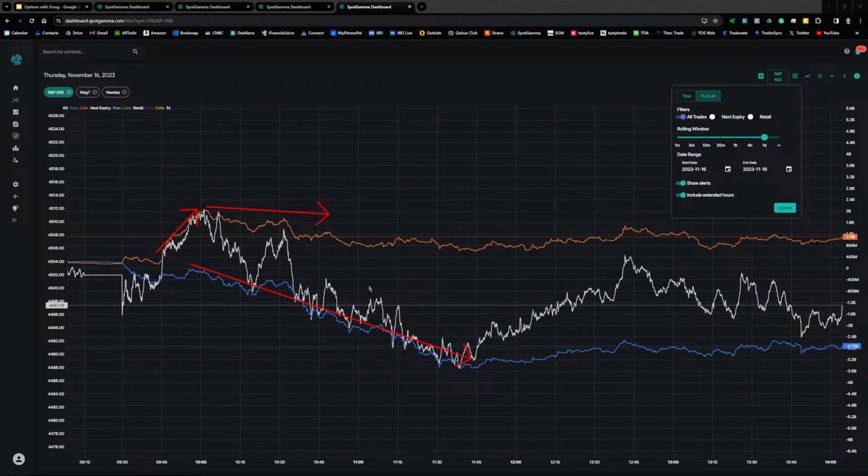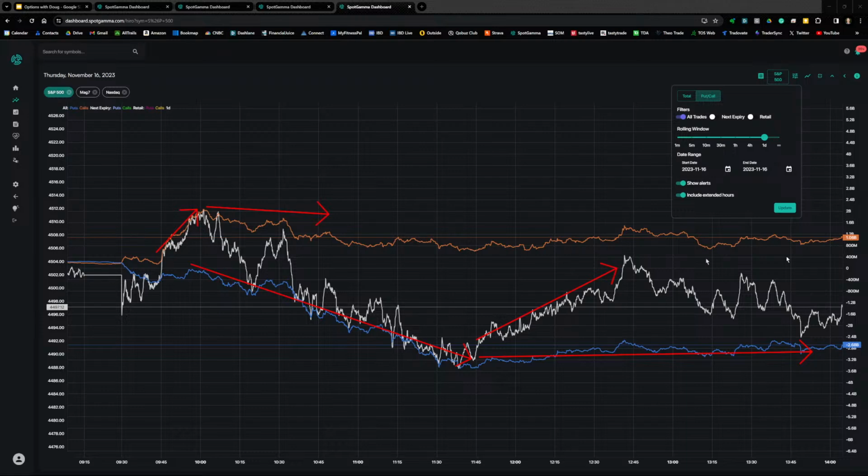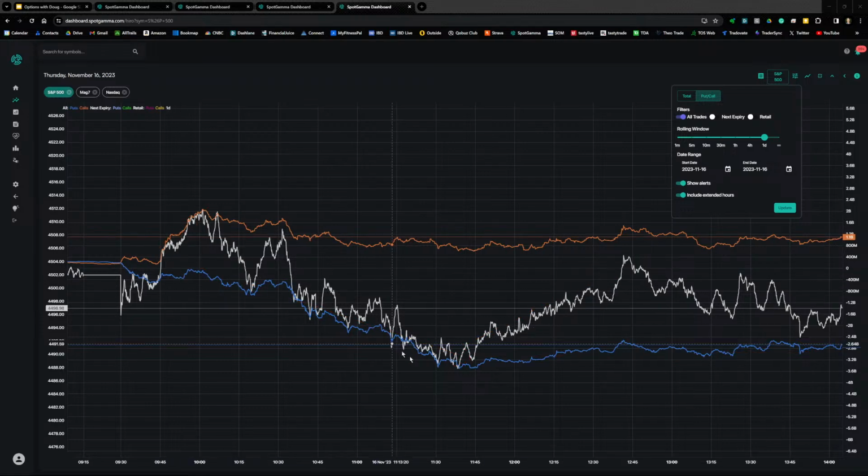And then S&P 500 moves lower. And note when they stop buying puts, price starts to move up again. And now both lines are pretty flat.